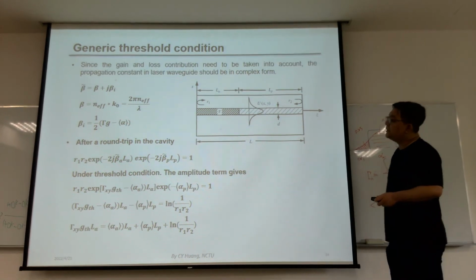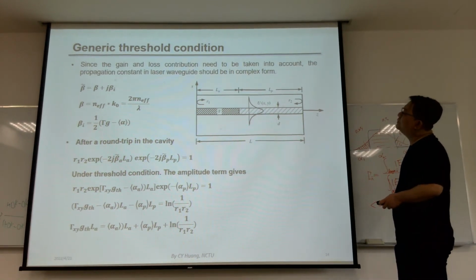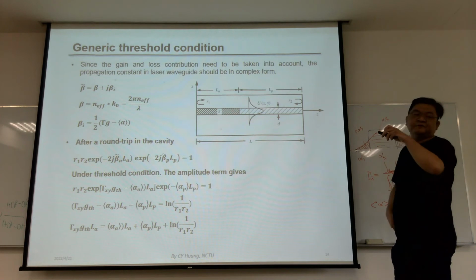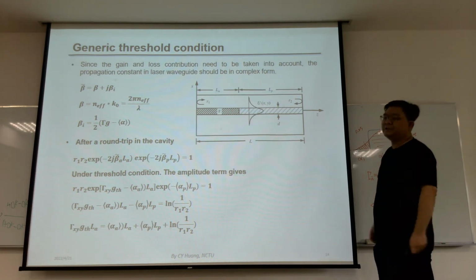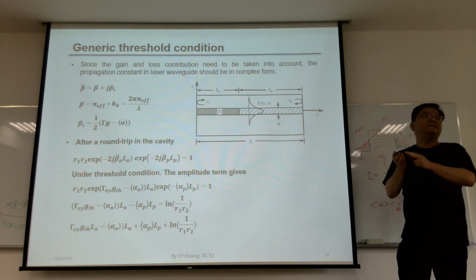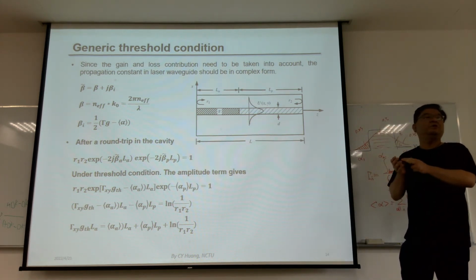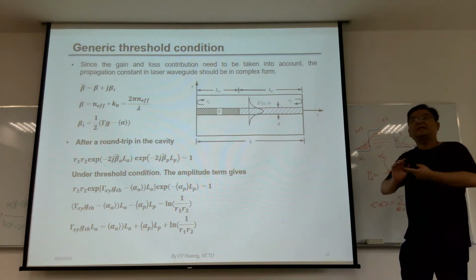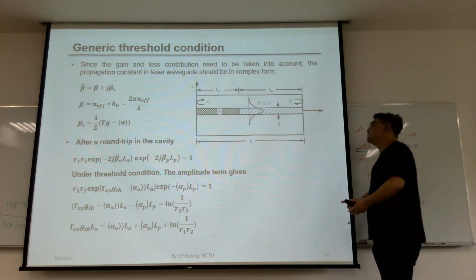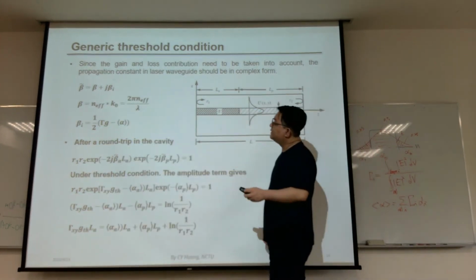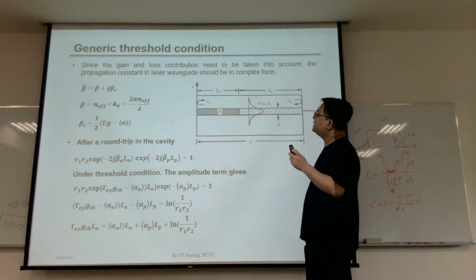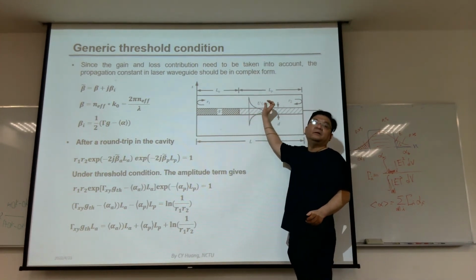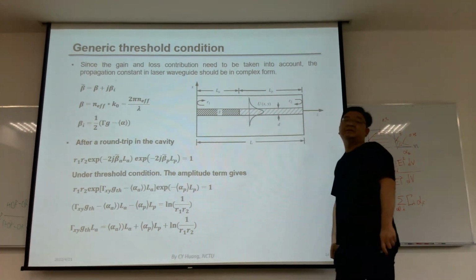Alright, so in order to achieve the same profile after a round trip, we need to consider two things. First is its phase. It needs to return to the original phase. If it is not, it will destructively interfere with itself. So the first is that the phase should be consistent, and the second is that the intensity also needs to be consistent.